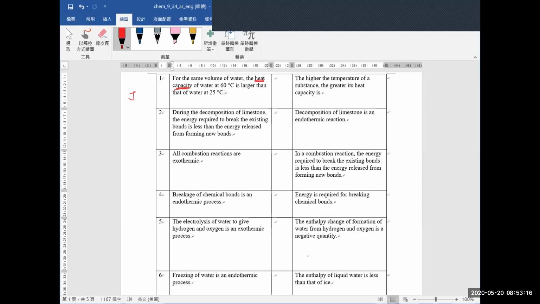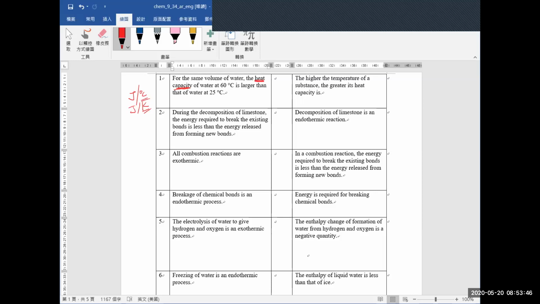You may know it is a joule. Yes, joule per degree Celsius or joule per Kelvin. So the term gram has already been embedded inside the data. So the heat capacity of certain substances is together with the corresponding mass, so they will have different amounts of heat capacity.